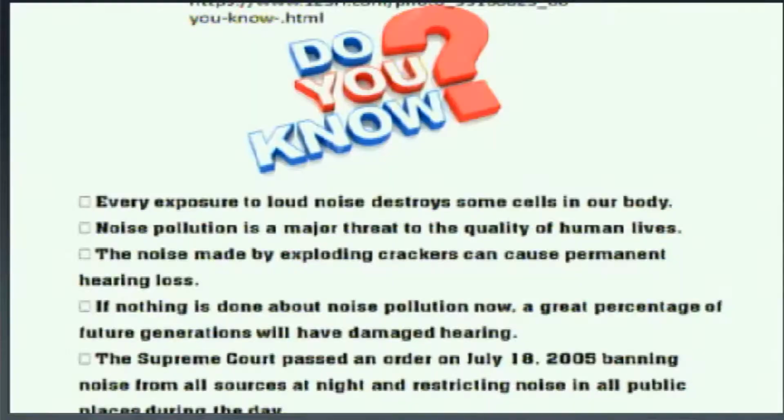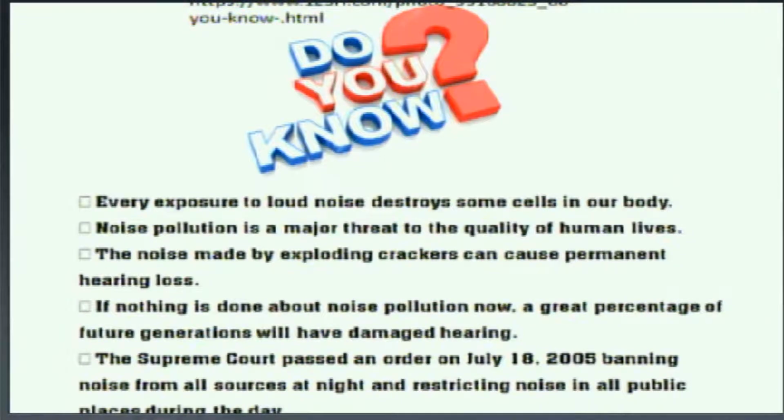Do you know, very important slide. Every exposure to loud sound or noise destroys some cells in our body. I want to repeat it once again. Every exposure to loud noise destroys some cells in our body.